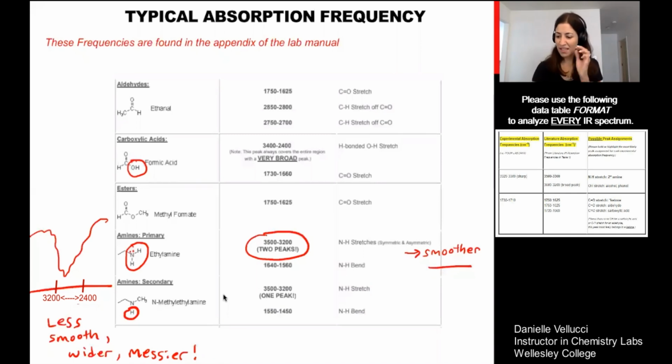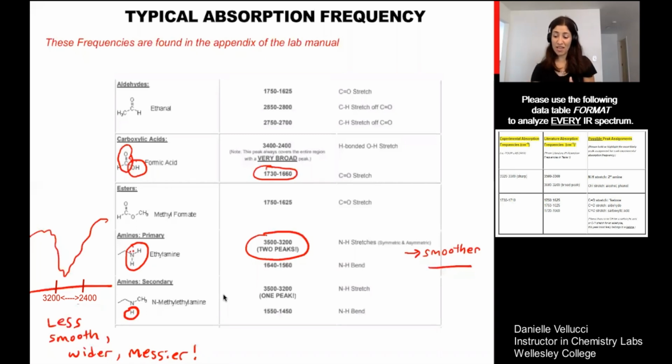Okay. Last thing I want to point out in the carboxylic acid region is functional groups can be complex. So the carboxylic acid not only has an OH, but it also has a component within the functional group that has a CO bond, that CO pi bond. We still see the absorption for the CO pi bond in that 1650 to 1750 region, as we did for aldehydes and ketones.